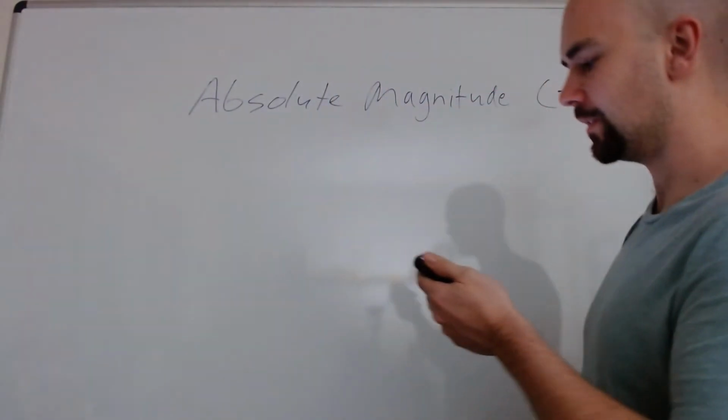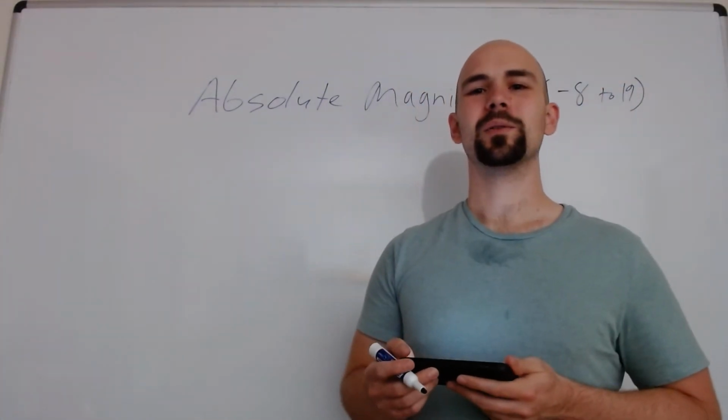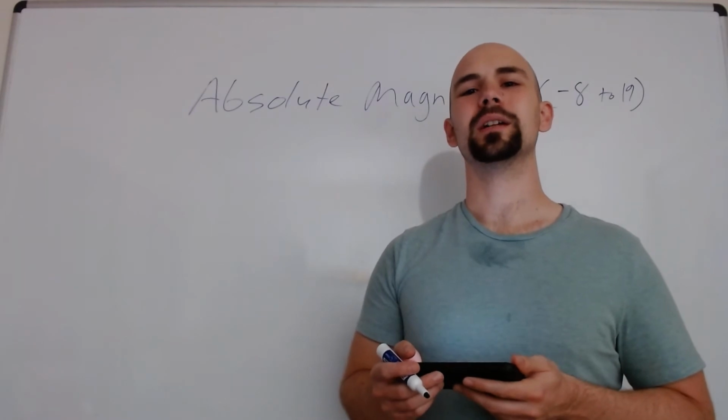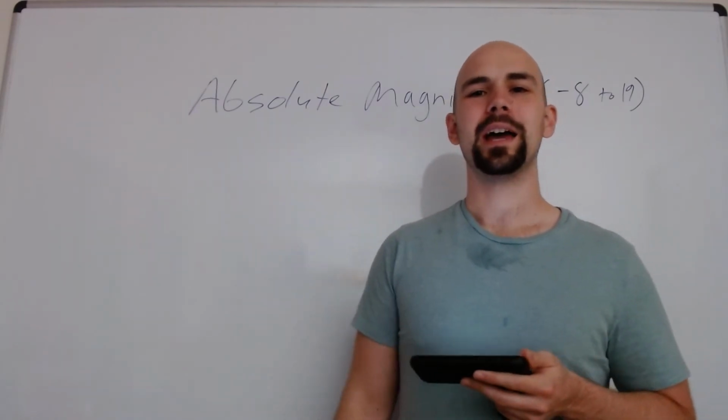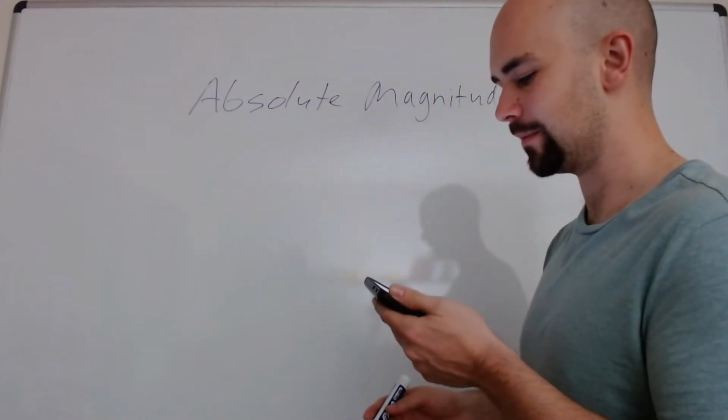And absolute magnitude is going to be the real brightness of the star if you're accounting for distance. So it's like if you were equidistant from every star and measure the brightness when you had an objective reference point like the same distance from every single one.